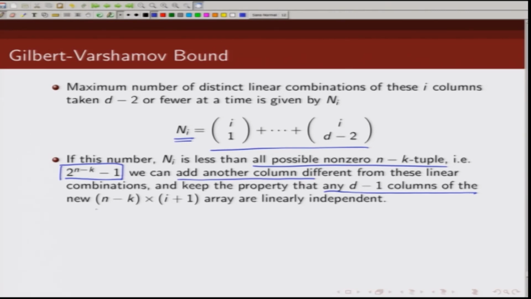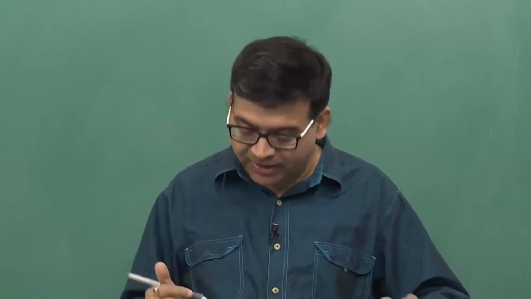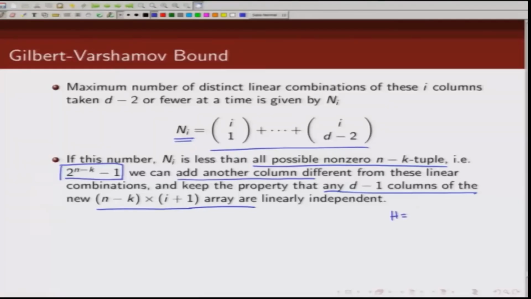So, this new matrix, of size n minus k cross i plus 1, will be linearly independent. Now, we have to ensure that this property holds for all i, up to n, because when we are constructing the parity check matrix, we have to construct a total of n columns.